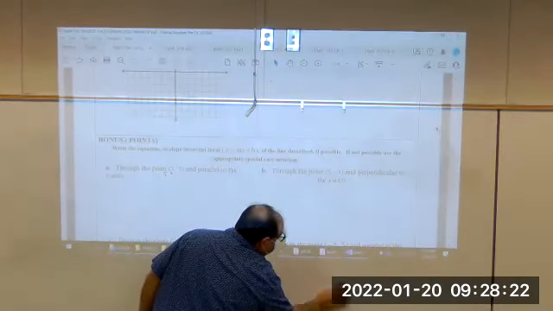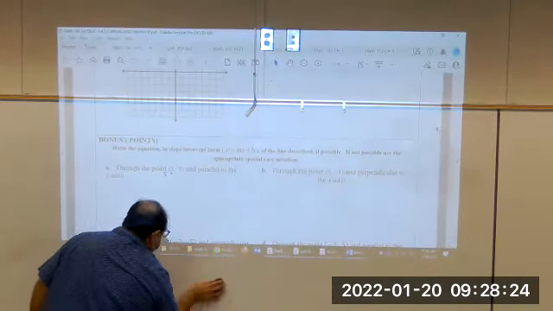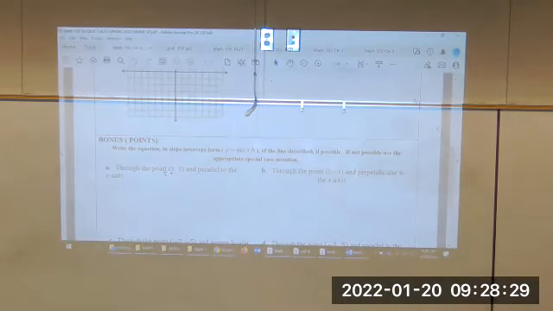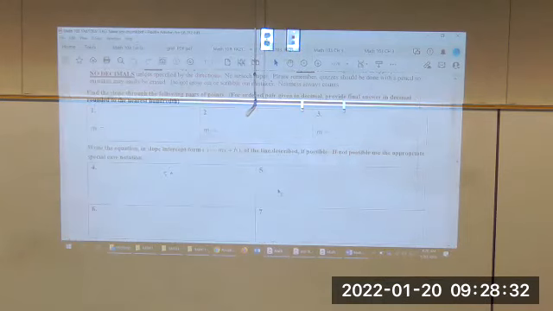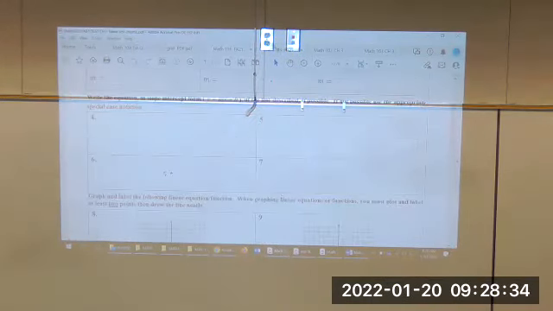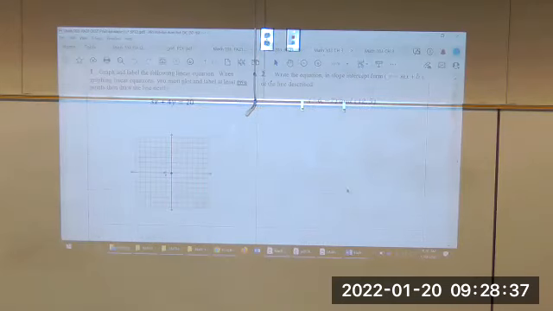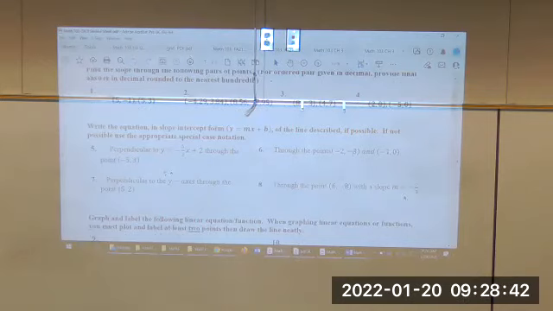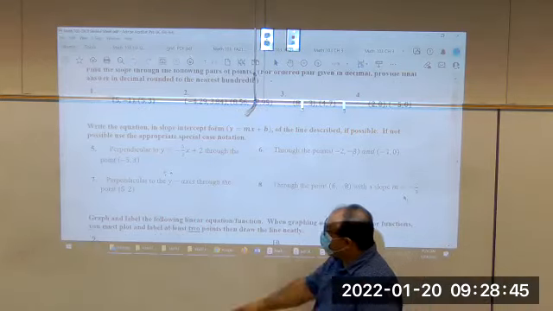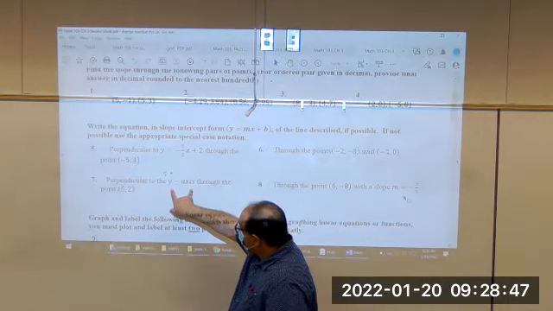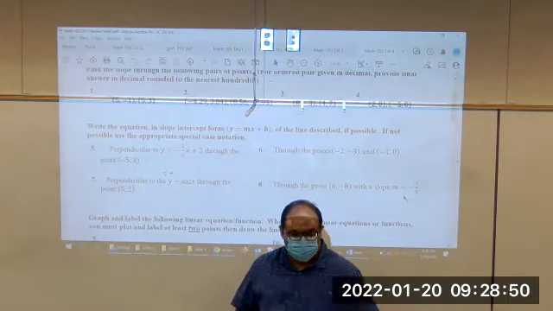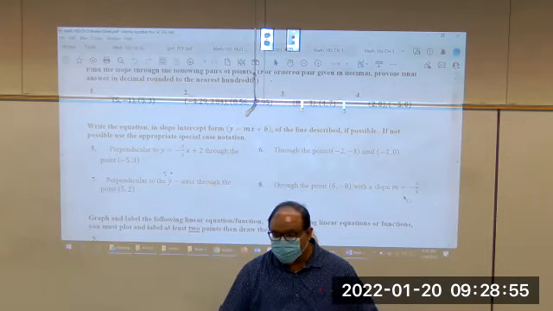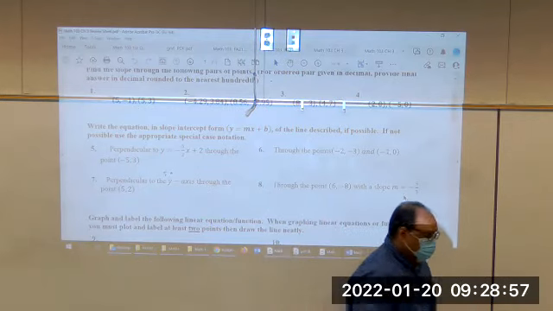Pay attention to how this is worded, because you will see it again. On the review sheet right here, perpendicular to the y-axis through the point. Perpendicular to the y-axis through a point. And then look at how these are worded.